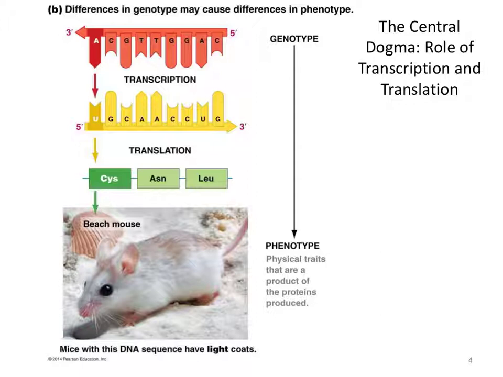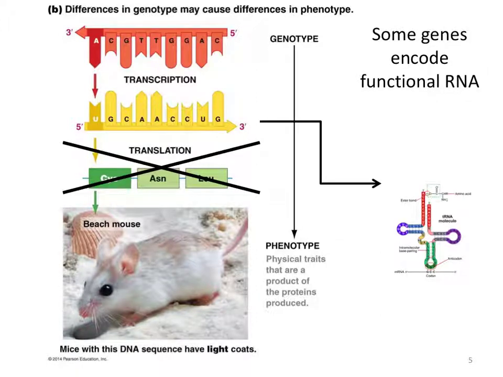So that means that they have different alleles. An allele is a form of a gene, and we defined gene in the previous part of this lecture. Differences in genotype result in differences in phenotype. So very slight changes in the genetic code of an organism can alter their physical traits and their discernible phenotypes.